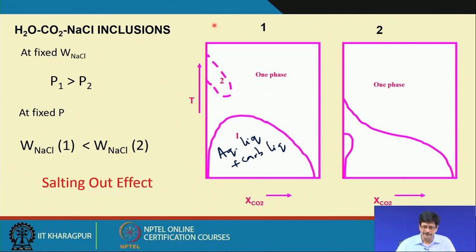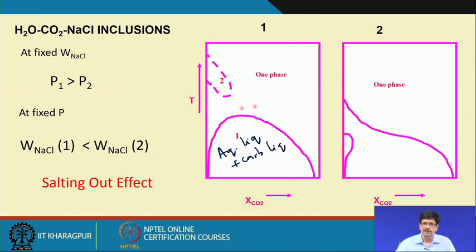So, we can think of our homogeneous one phase water plus carbon dioxide plus salt fluid, which is a supercritical fluid or could be in its liquid field depending on the pressure and temperature that we are considering. The inclusion can be trapped in the host mineral anywhere in this one phase condition, and as the temperature decreases, it splits up into two, and we see them occurring as mixed aqueous carbonic inclusions with salt being present in the aqueous component.